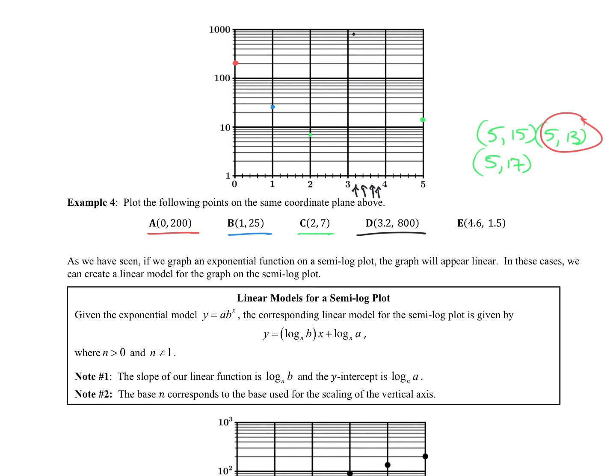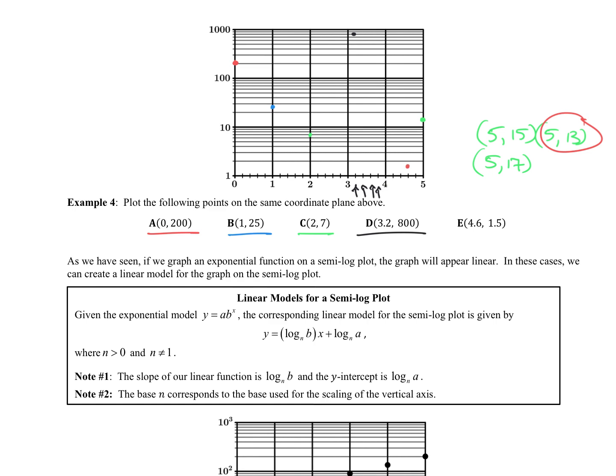So we're kind of right there. And then 4.6 is which dash? It's my third one. And then 1.5. Now, is 1.5 smack dab in the middle? No, it's actually a little bit higher than the middle, all right?